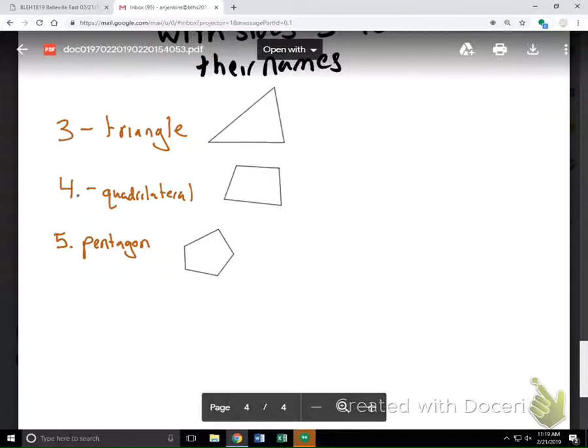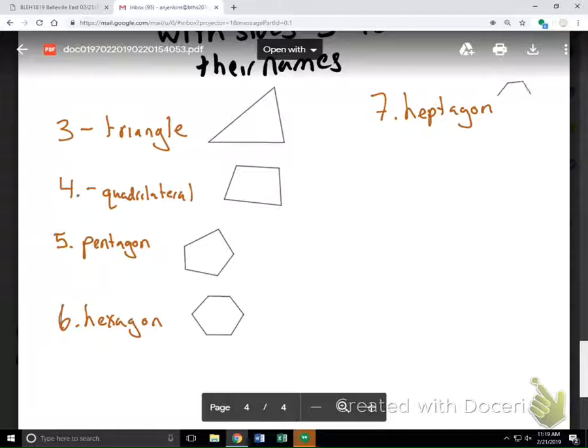A hexagon has 6 sides. Seven. Seven-sided. This one's gonna be fun.